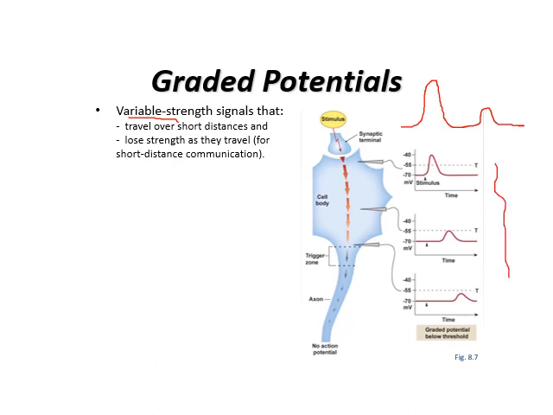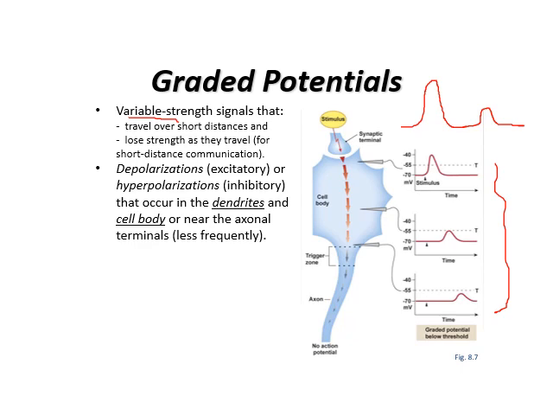What is happening over here is we said that graded potentials decrease over time or over the distance that they travel. Here's the original stimulus. You can see we have a graded potential that brought us up from -70, more positive, to a -40.